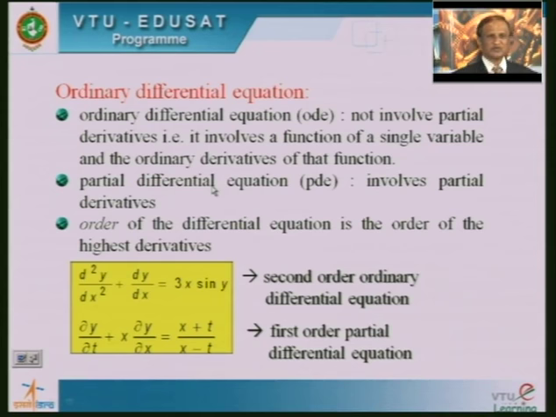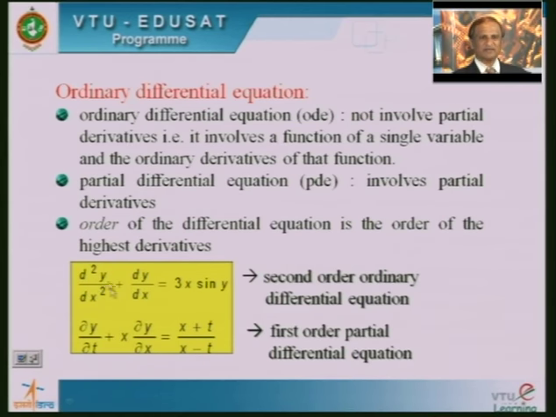Okay, just now we talked about the order of the differential equation, right. The order of the differential equation is the order of the highest derivative present in the differential equation. So for example, assume that they have given one differential equation, right. Say d square y upon dx square plus dy by dx is equal to 3x into sin y.